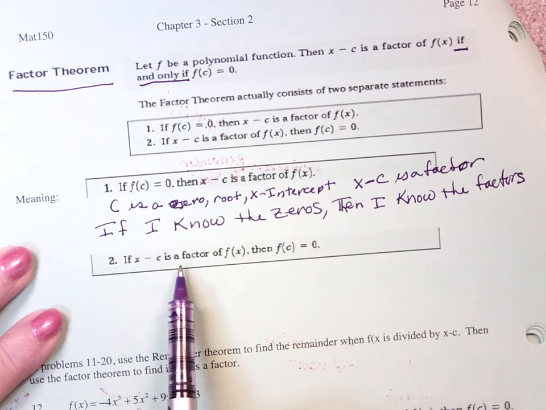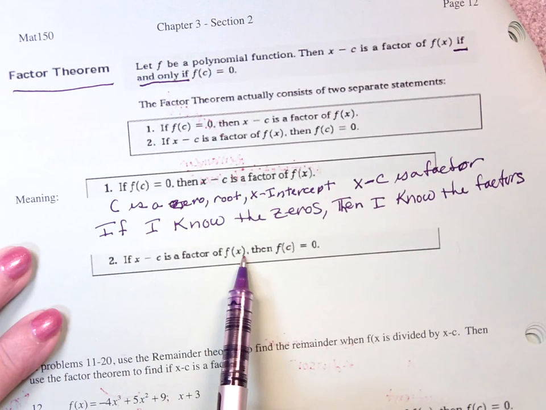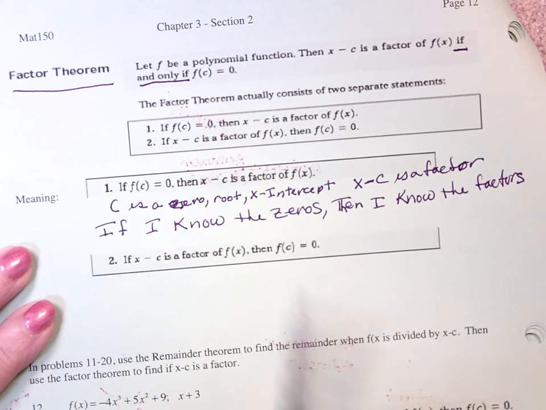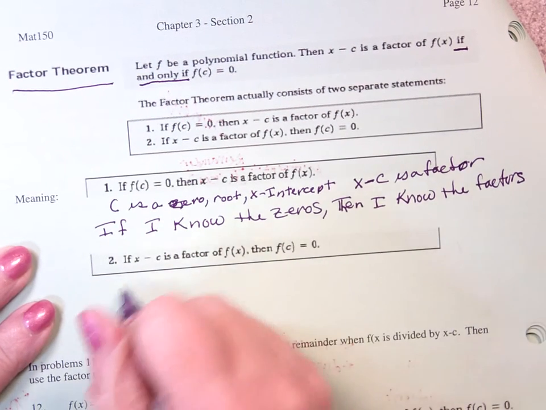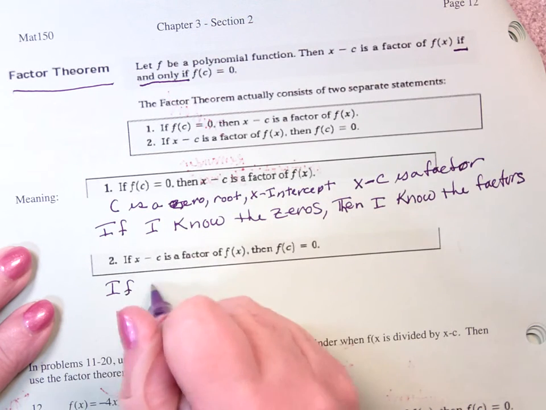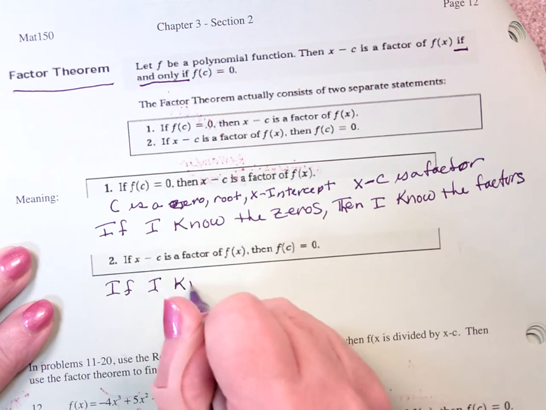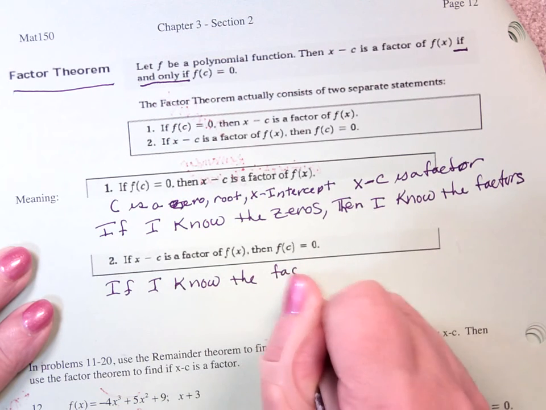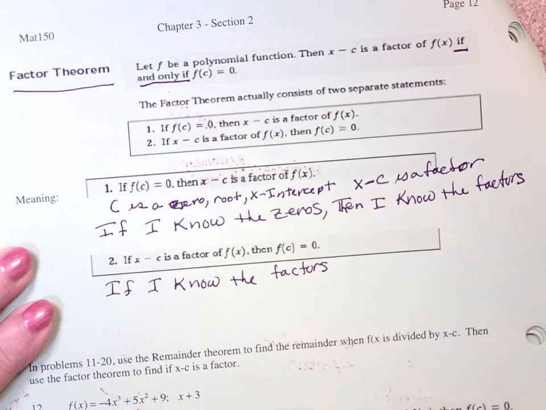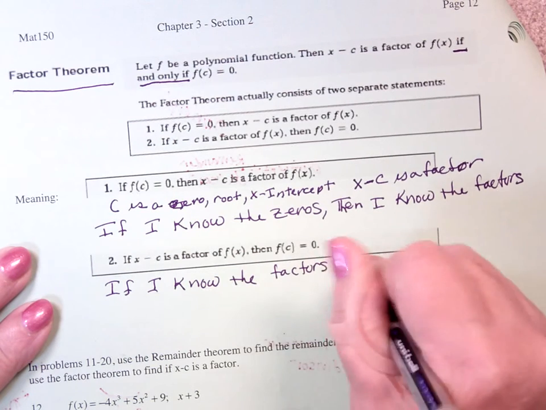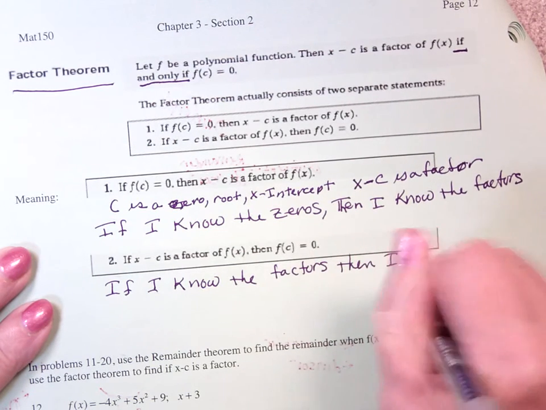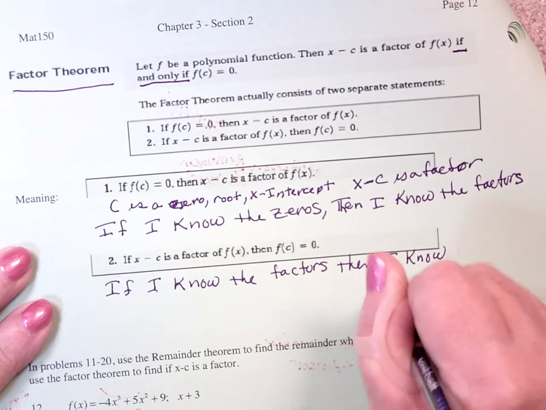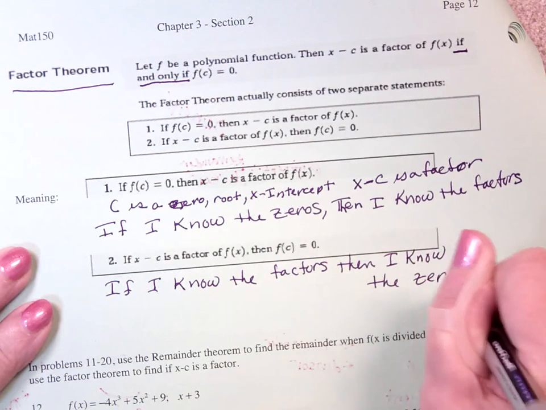If x minus c is a factor, then f of c equals 0. This says if I know the factors, then I know the zeros.